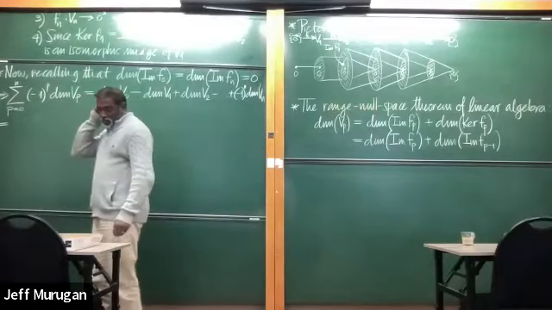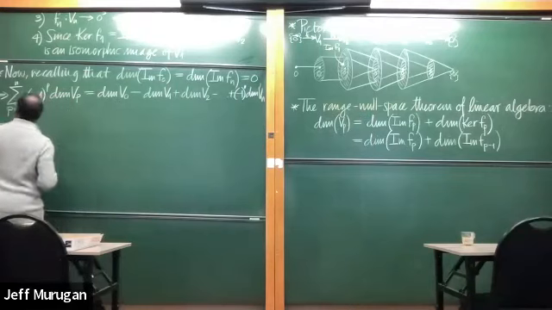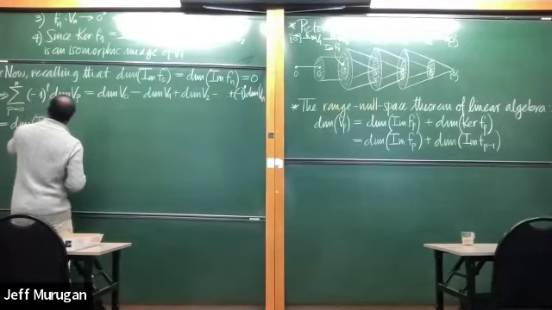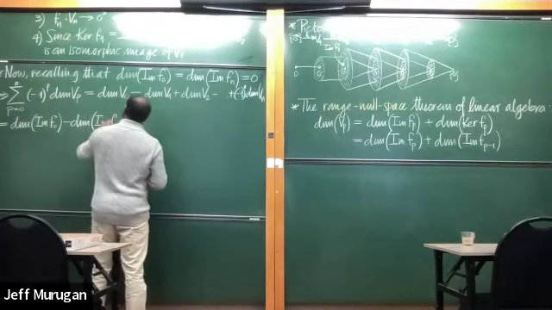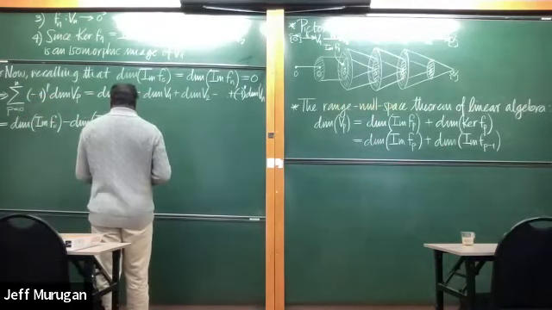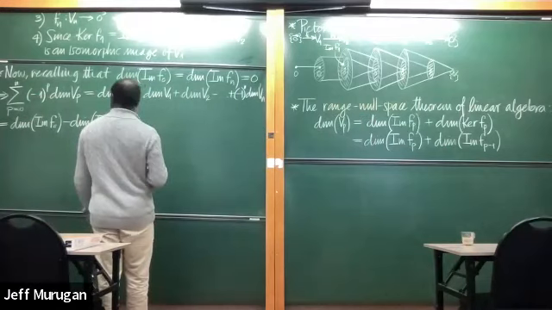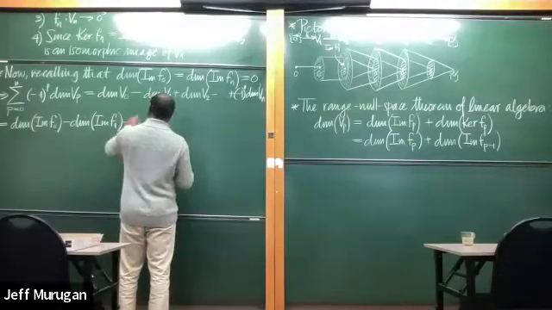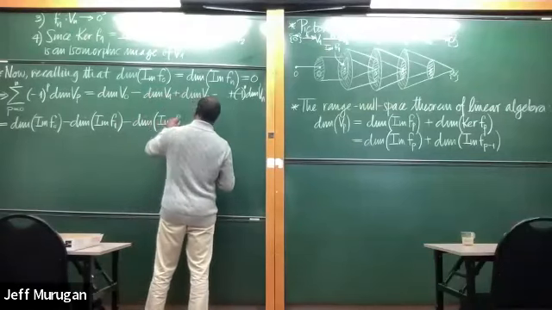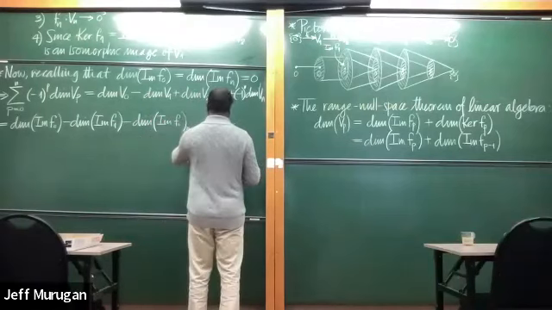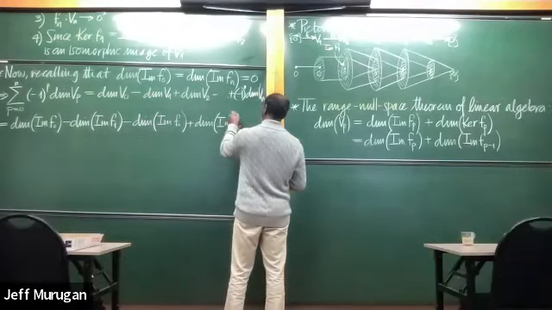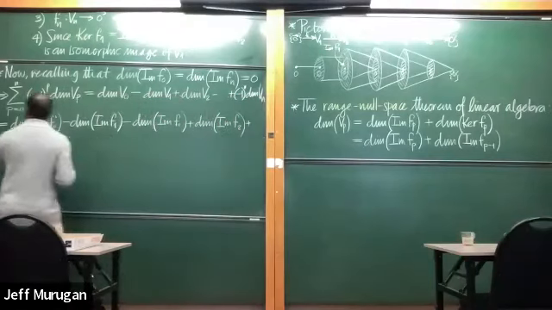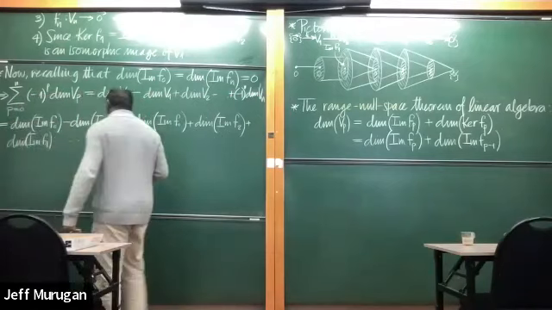So this is equal to, for example, the dimension of the image of F naught minus the dimension of the image of F1, minus the dimension of the image of F naught, plus the dimension of the image of F2, plus the dimension of the image of F1, on and on.